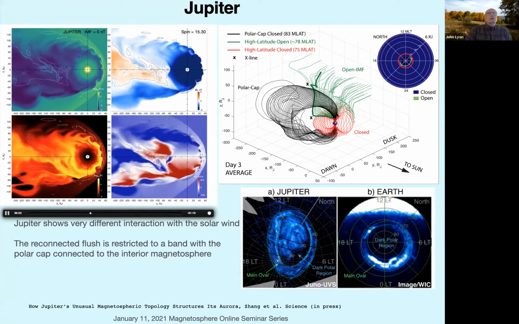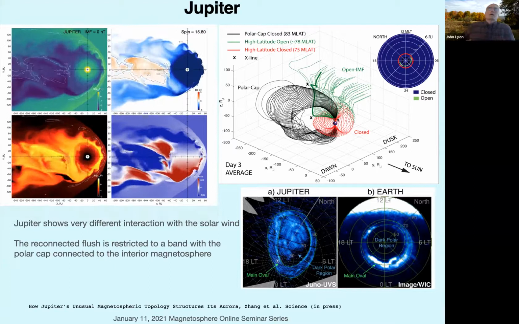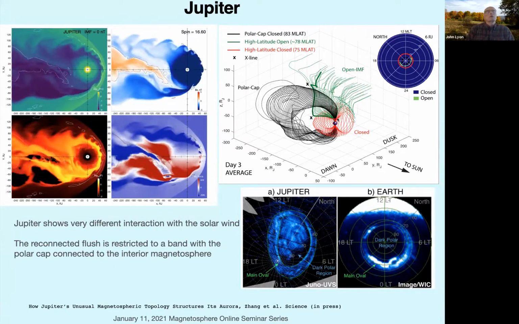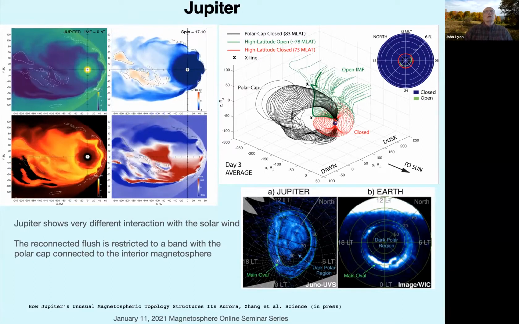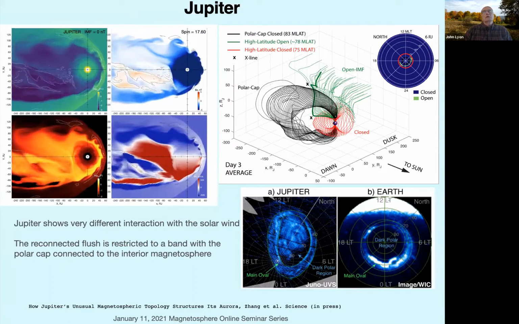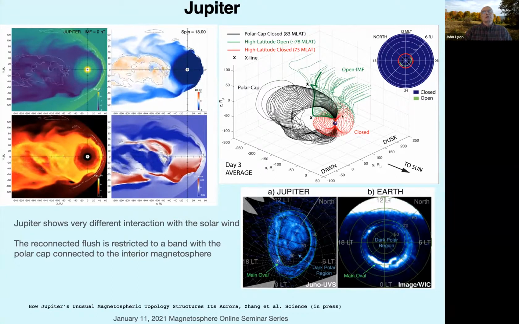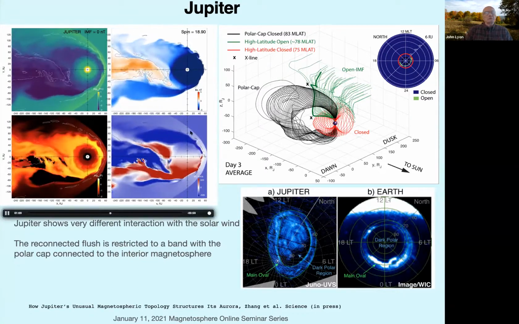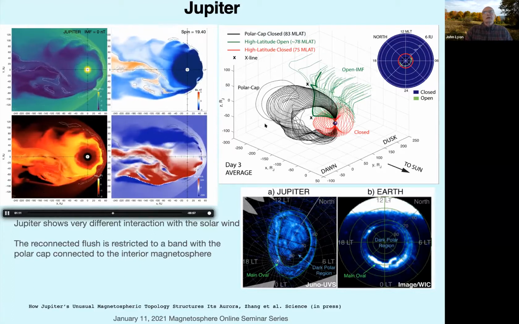And it gives you a rather strange topology for the interaction with the solar wind, where the actual reconnection line is off to the dusk flank.